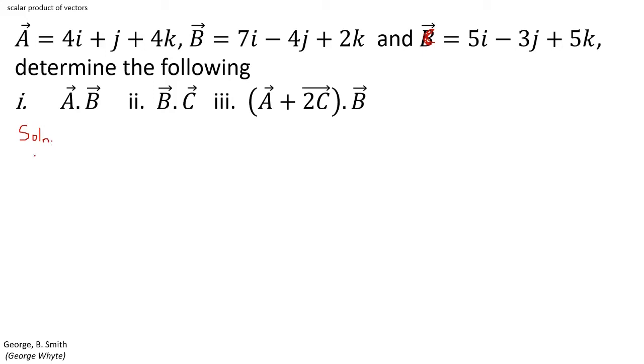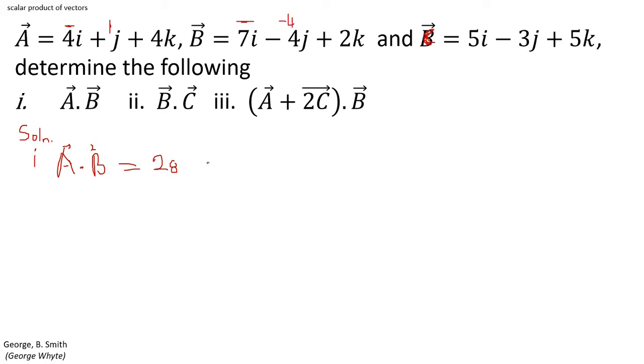So when we have the first case, we want to find A dot B. For us to find A dot B, all we need to do is to multiply those vectors component-wise. So when we say component-wise, for A this is the x component, for B this is the x component. So you look at 4 times 7, that will give you 28, right? For the y component, for A it is 1, and the y component for B is minus 4.